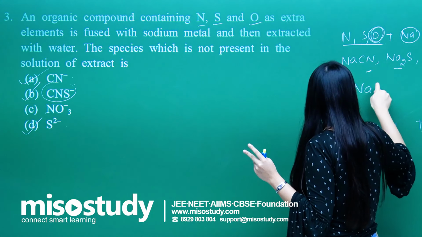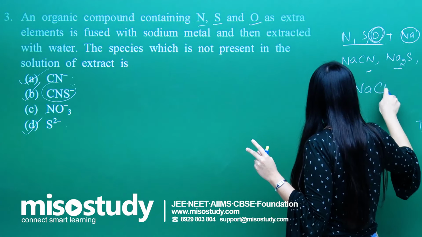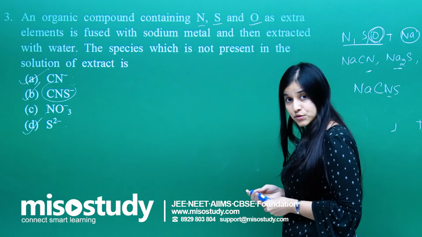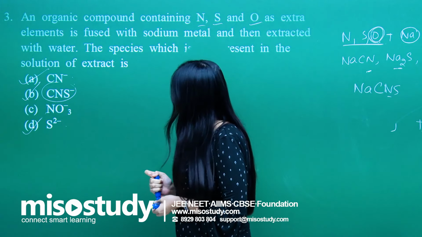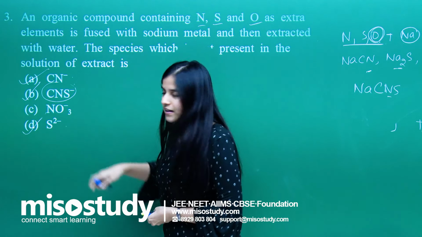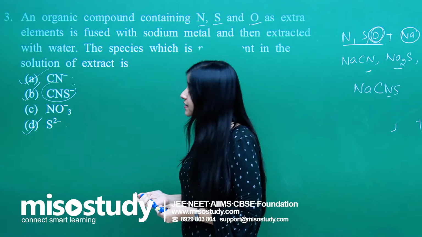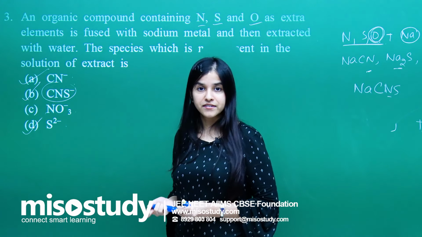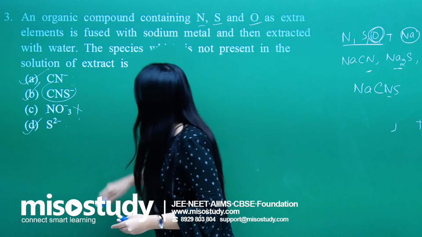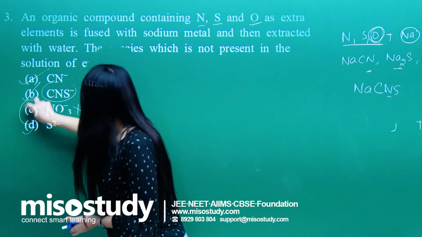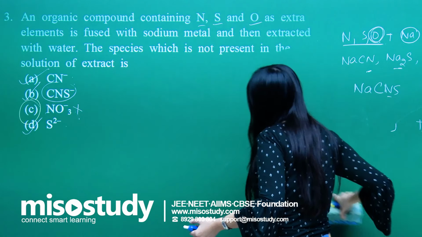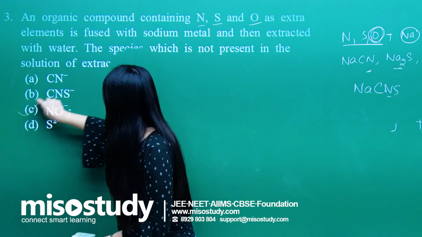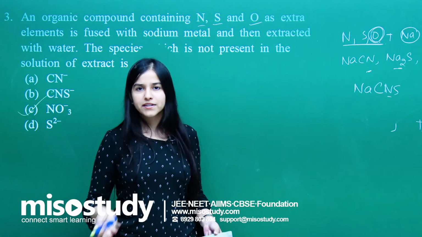So, in that case we get NaCNS, right? Otherwise, we can just get the sulfide, right? And there is no chance of formation of nitrate here, right? So, that is the option. I hope everybody has got it. Answer number C is the correct one. Clear? We have ruled out all the other possibilities.